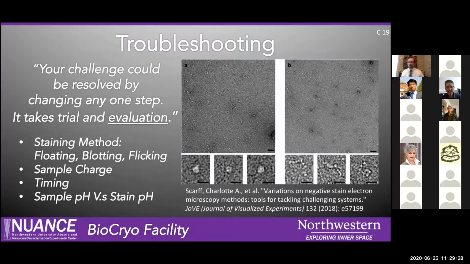But with this flicking method, you'll notice in this image, in the small images going across the bottom, the typical traditional negative staining method produces these globules, but when they use this flicking method, you get a more string-like sample. I actually have a sample that's been a challenge for me, and I'm considering using this flicking method.